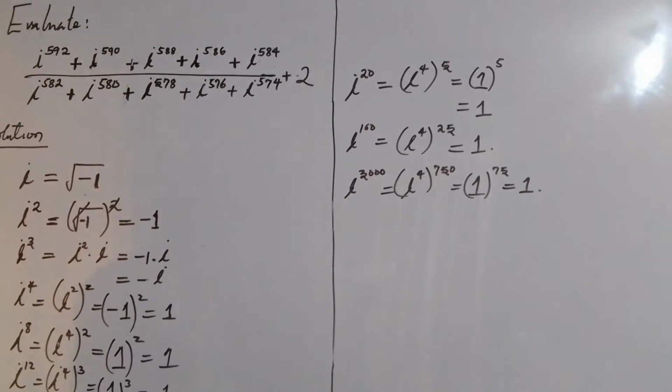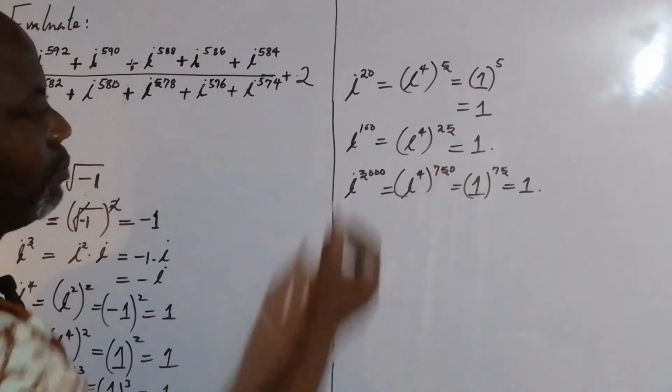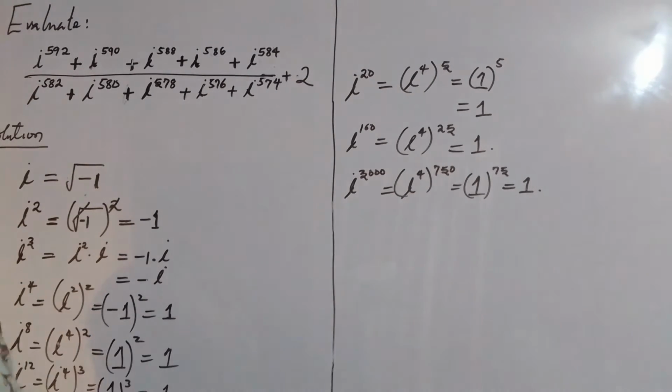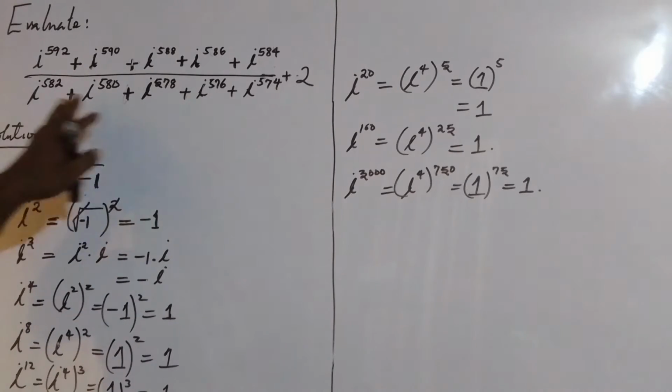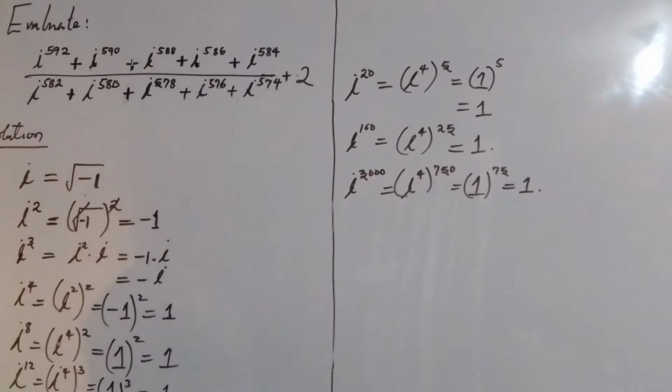So as long as the power of i is a multiple of 4, the result is the same thing as i to the power of 4. And this is going to be very crucial when we evaluate this.